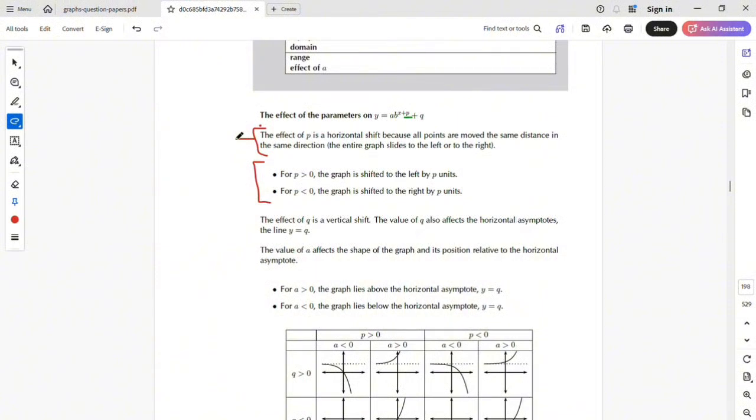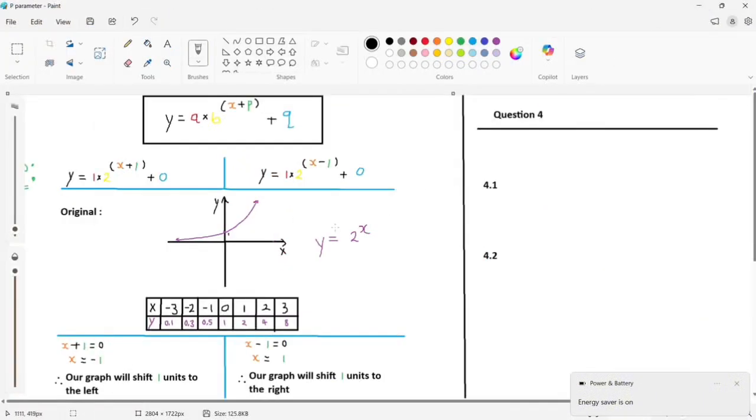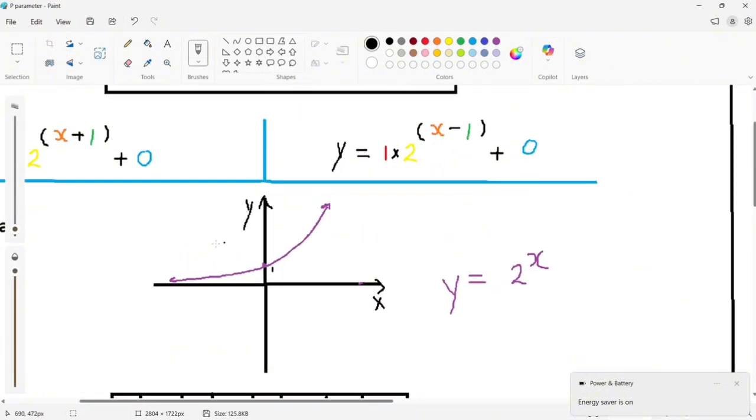The entire graph slides to the left or to the right. Essentially, every point on a graph shifts either to the right or to the left. That's what our p parameter does to a graph. It shifts our graph horizontally.